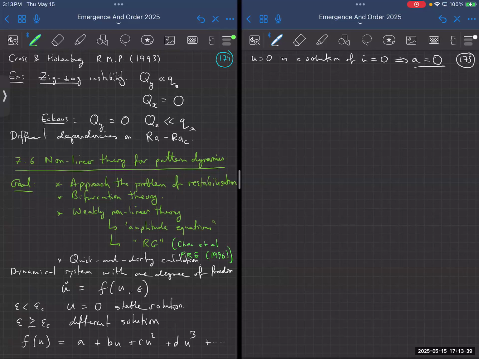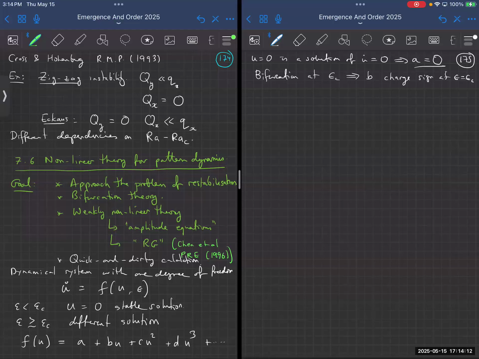Okay, so the next thing is that we know that there's going to be some kind of bifurcation at epsilon equals epsilon c, and so that means that we require for the bifurcation at epsilon c that b must change sign at epsilon equals epsilon c. So otherwise we wouldn't be able to get a non-zero solution.